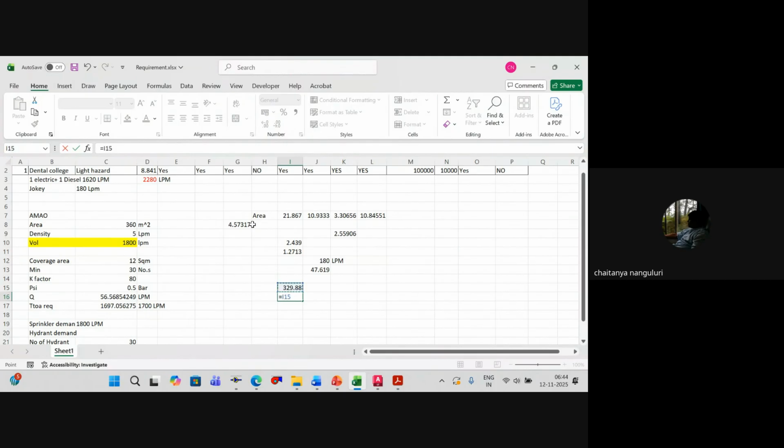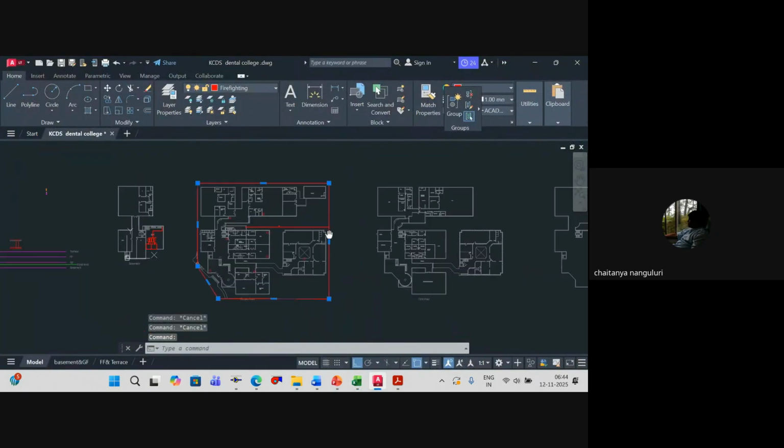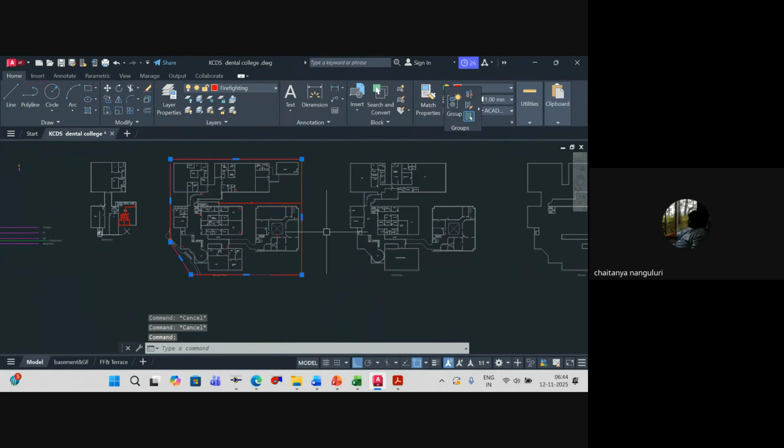Divided by 60 meters, that's 5.4, so around 6 or 7 external hydrants we can have. So we'll take 7 external hydrants, and I can divide this entire length by 7.